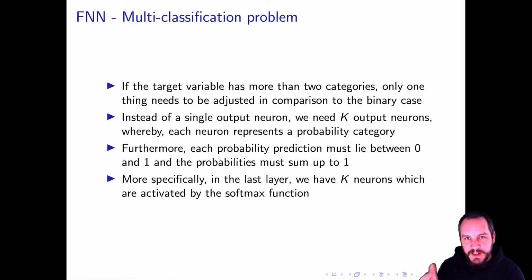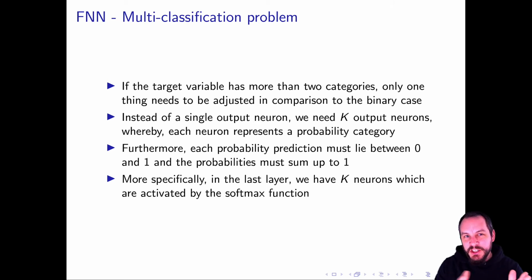And each of these values will be interpreted as a probability for being category k. And so now, in comparison to the regression type problem and the binary classification problem, the weight matrix that we will use from the last hidden layer to the output layer will have a different dimensionality. And what's also similar to the binary classification problem is that each of the probability values needs to be between 0 and 1.